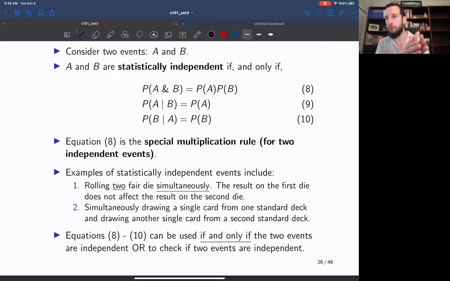Whatever shows up on die 1 has nothing to do with what shows up on die 2, but their intersection is used in most board games, right? So Monopoly or Settlers, you consider the summation across the dice. But those two dice are independent of one another because it doesn't matter what I roll on the first die. It's not going to change what comes on the second die. They are occurring at the same time, but they have nothing to do with one another.